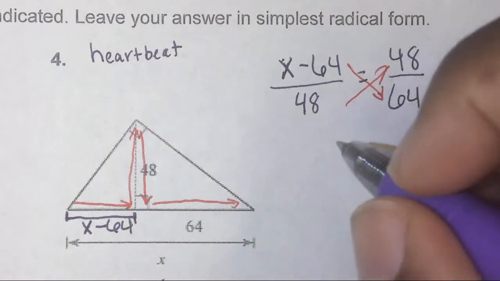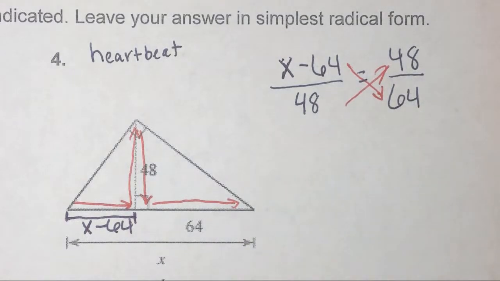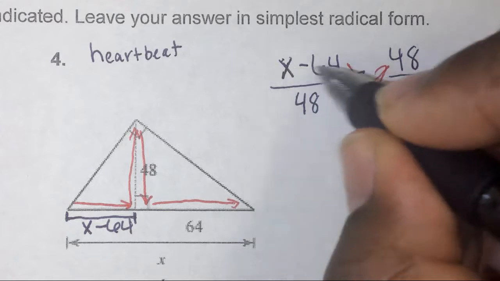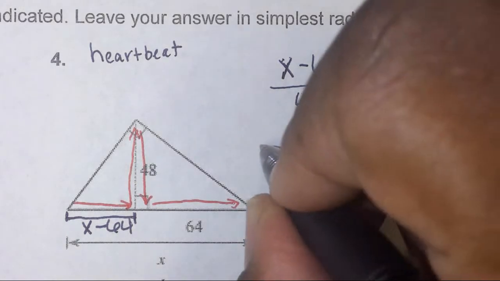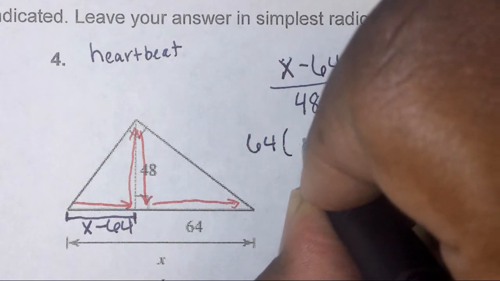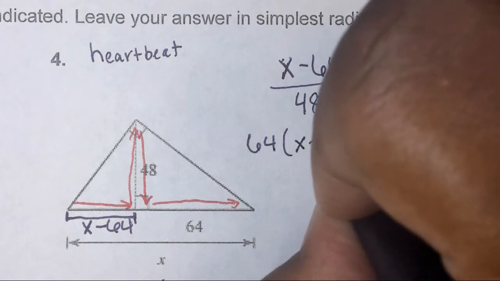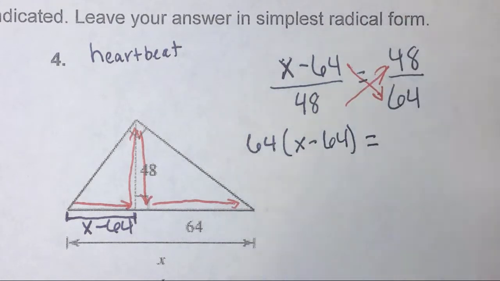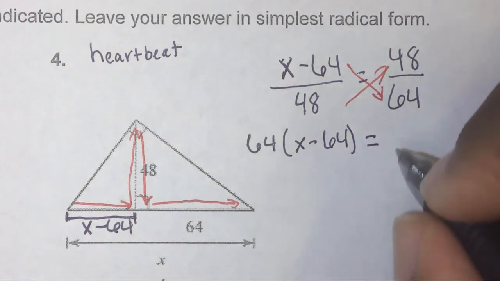From there, some of y'all gonna mess this up because you're gonna try to cheat it and not write it all out like you should. On here, it's x minus 64 times 64. So on that next row, that's what you should write so you can see it correctly. 64, then in parentheses, x minus 64. Because you need to understand that you need to distribute that. What's 48 times 48?